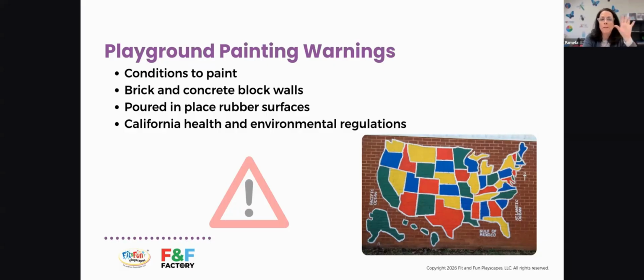So if you want to paint on a building, definitely it's advisable to consult with your facilities management or facilities manager to check on that. And then we want to make sure to avoid the wrong types of paint, like don't use the paint that we recommend for pavement on poured in place. That's a specific type of paint, as I mentioned before.